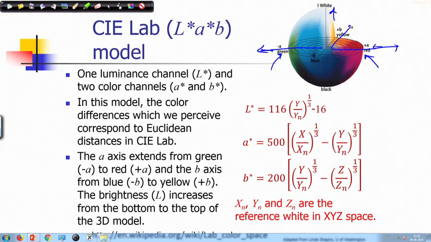So, positive B is shown here, and this is a negative B. So, this part is yellow, and this one is blue. So, blue to yellow and green to red, that is a kind of variation of hue in this space along this principal axis, and along the L axis, which is shown here as a vertical line, it is the intensity that is varying along that axis.